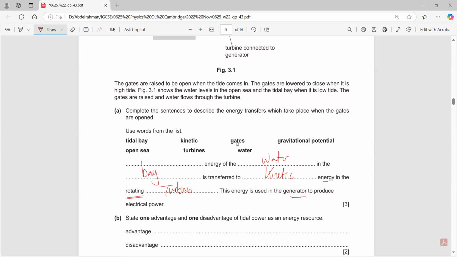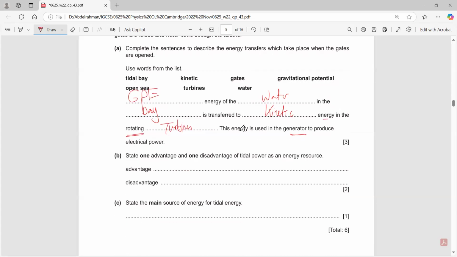So basically, the gravitational potential energy in the water behind the bay is used to rotate the turbines. State one advantage and one disadvantage of tidal power as an energy resource.